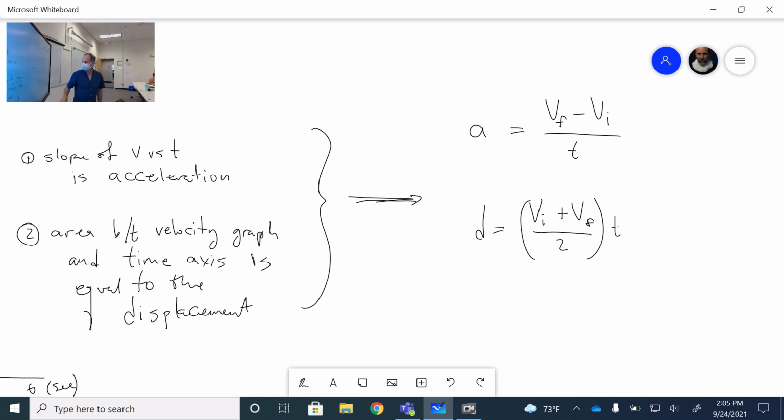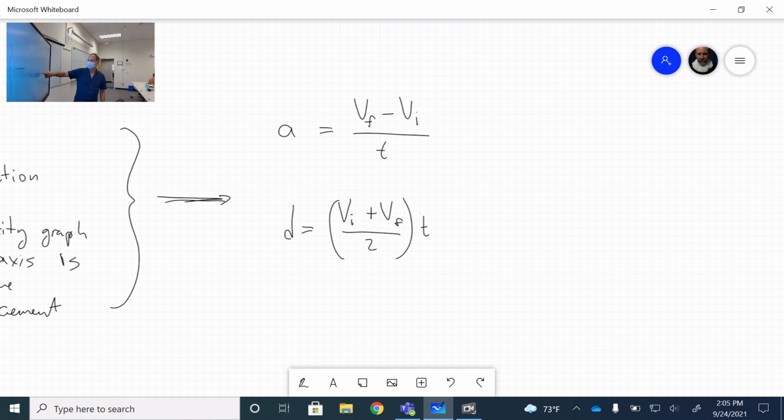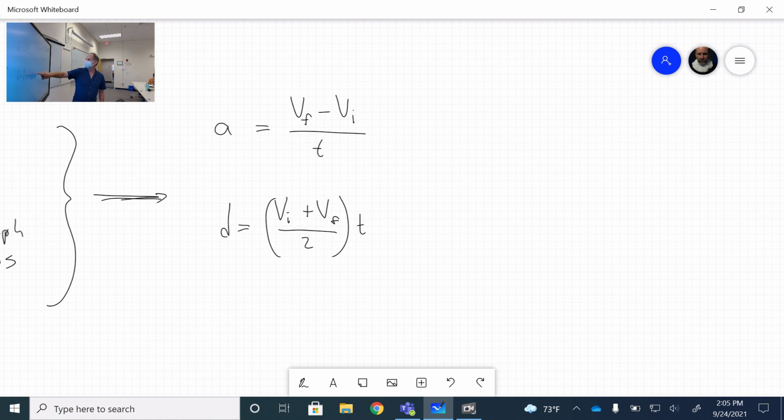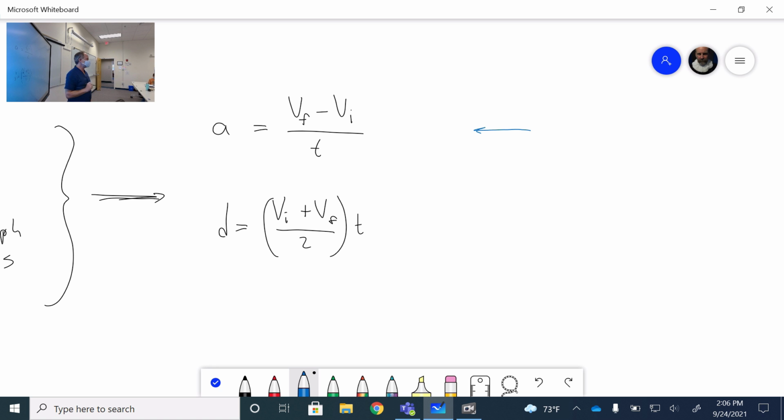And I'm just going to point out this little thing: this first equation here does not care about displacement. This equation here does not care about acceleration.